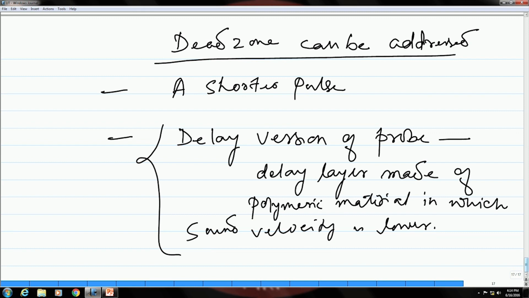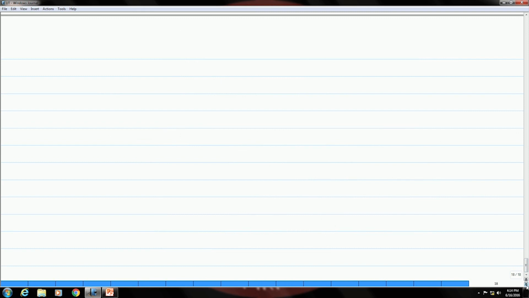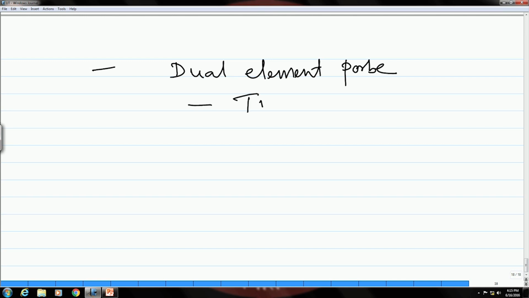Okay. And then the other way of avoiding dead zone is to use what is called a dual element probe. So, in this case, as the name suggests, it has two active elements which generate these ultrasonic pulses.